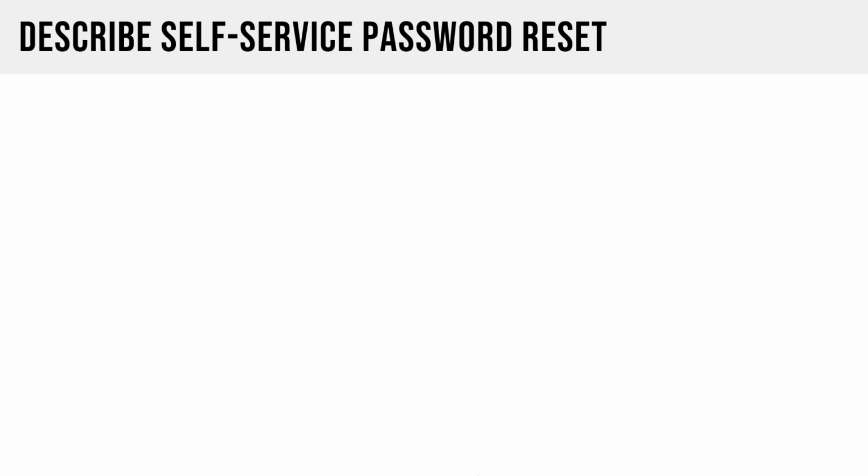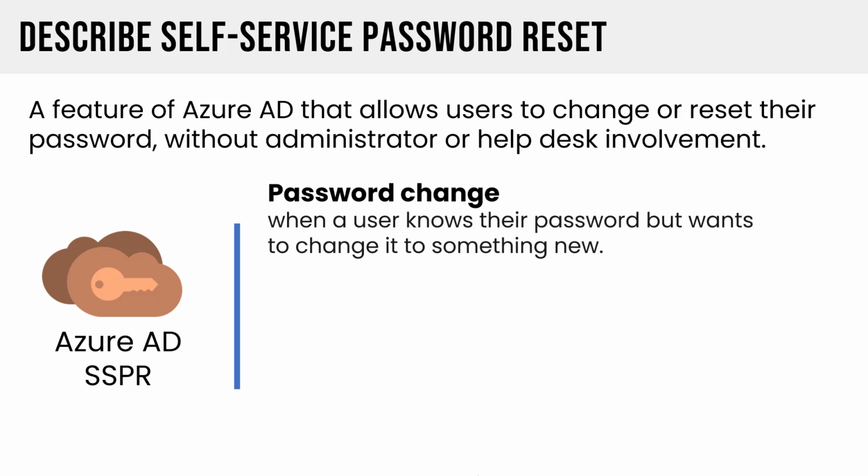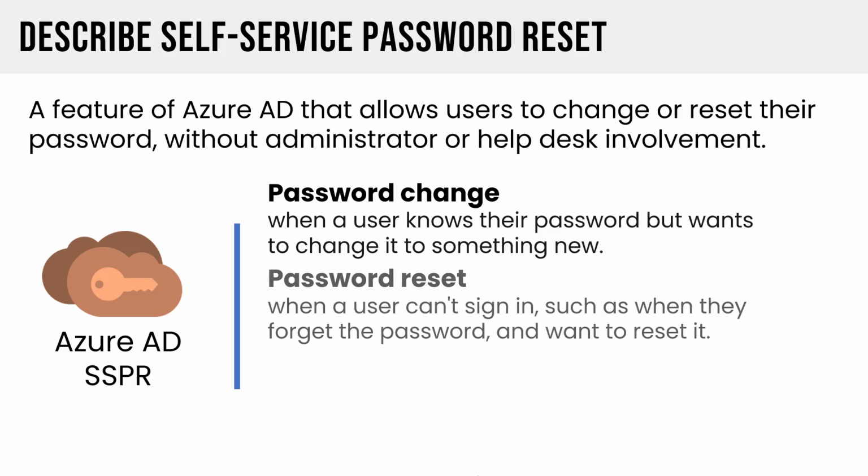So let's talk about self-service password reset, which is a feature of Azure AD that allows users to change or reset their password without administrator or help desk involvement. So it supports password change when a user knows their password but wants to change it to something new. Password reset when a user can't sign in, like when they've forgotten their password.